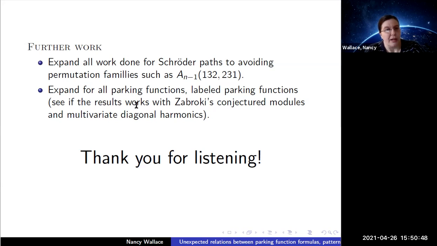And if I expand it to labeled parking functions, if we get the formula, we could see if it works with conjectures involving modules, like Zabrocki's conjectured modules or the multivariate diagonal harmonics.